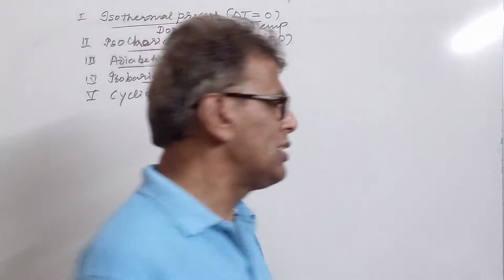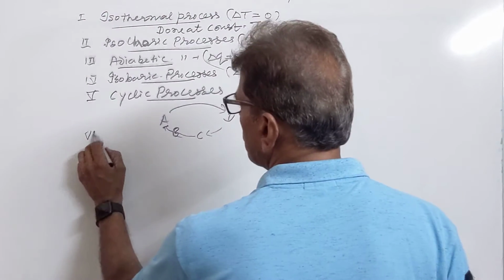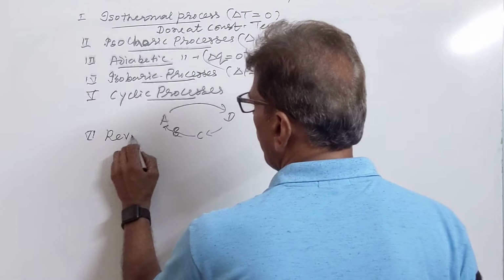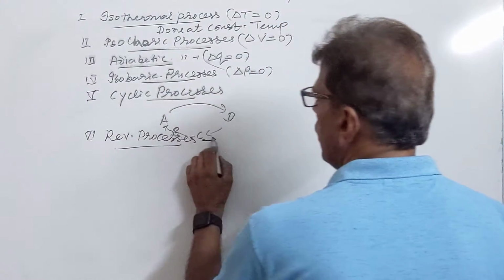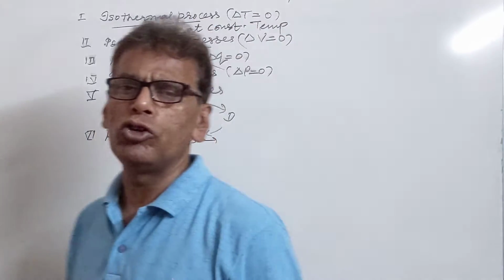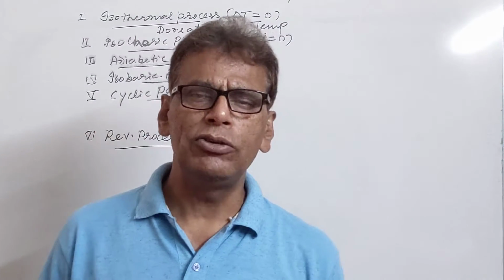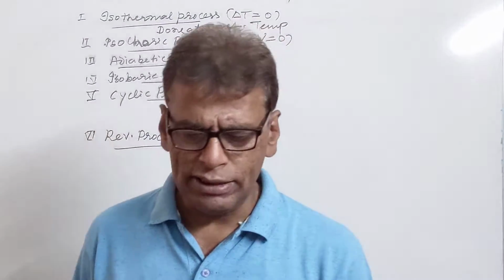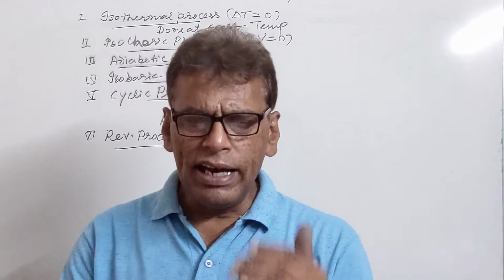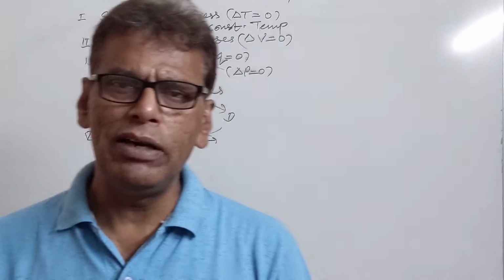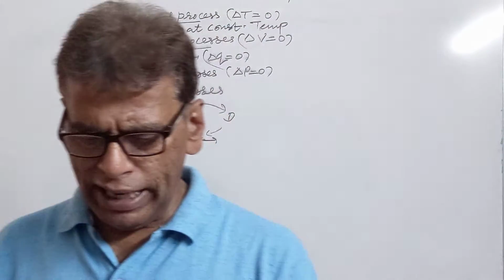Then we have reversible processes. Reversible processes are those processes which can proceed in two directions, in the forward direction as well as in the backward direction. And in these processes, there remains a state of equilibrium between system and surrounding.